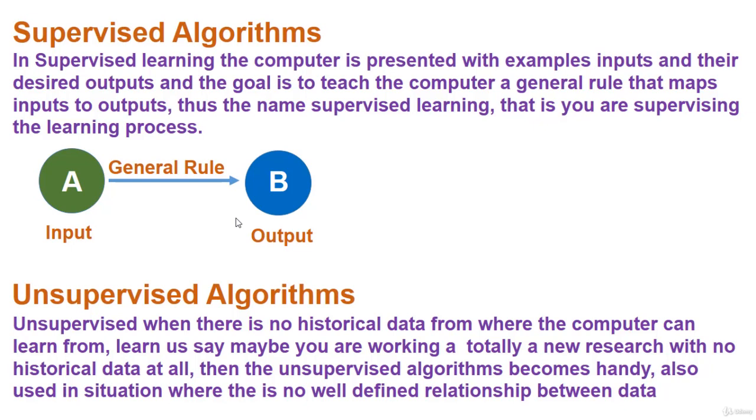Let us say maybe you're working on totally new research with no historical data that defines the input and the output. Here, the computer generally uses an underlying complex algorithm to create inputs and outputs and a formula of how to map the inputs to the outputs. The computer nearly does everything for you and you are not supervising as in supervised algorithms.